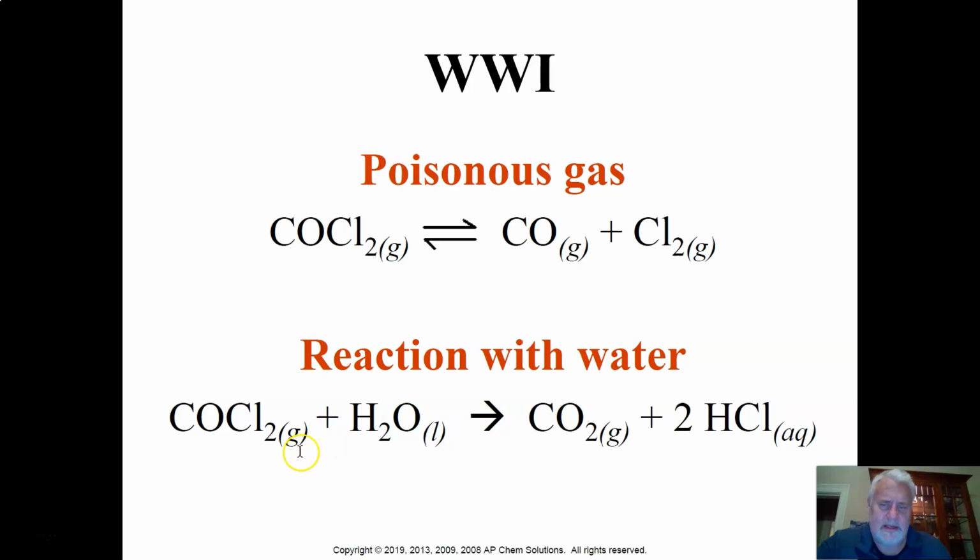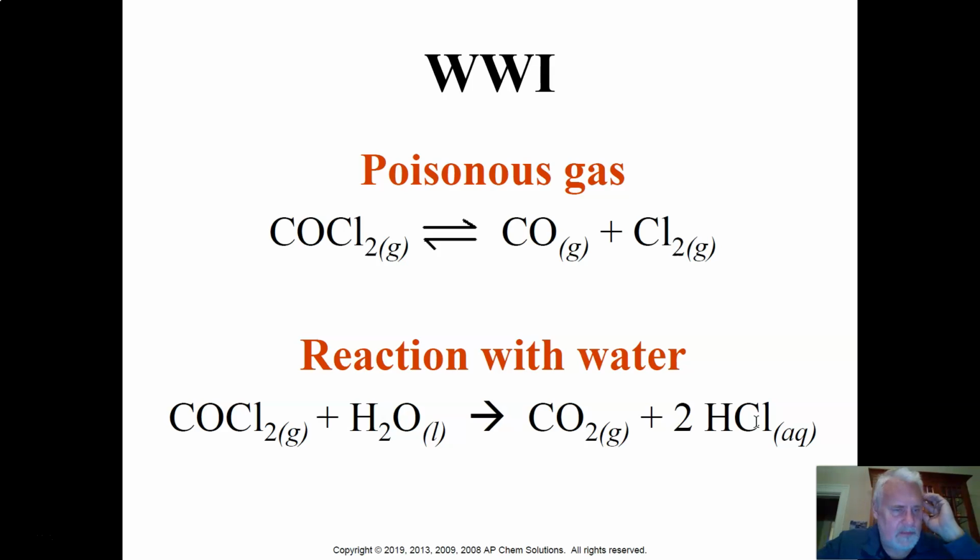If it comes into contact as a gas, this is why we can't have it in the classroom, it wouldn't make a lot of Cl2 and it wouldn't make CO, but if anyone has any moisture on their body, it reacts extremely well with water to make carbon dioxide. Nobody hurt there. Whoops. Aqueous hydrochloric acid.